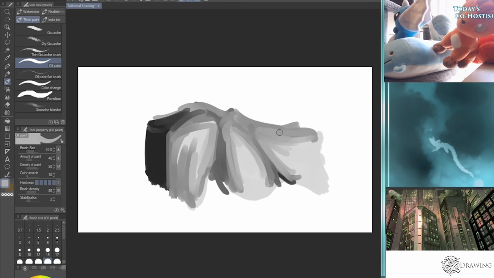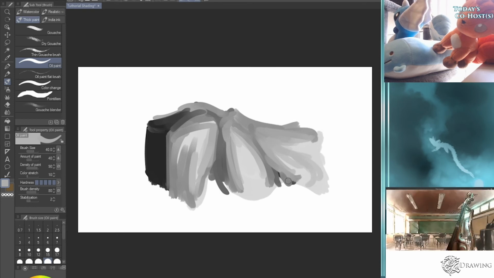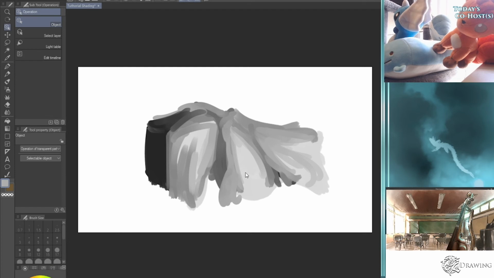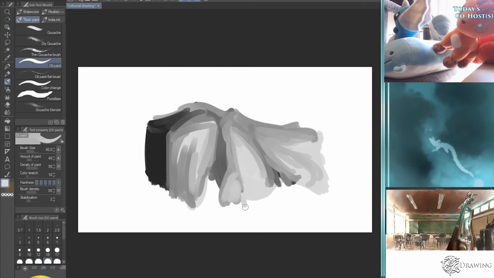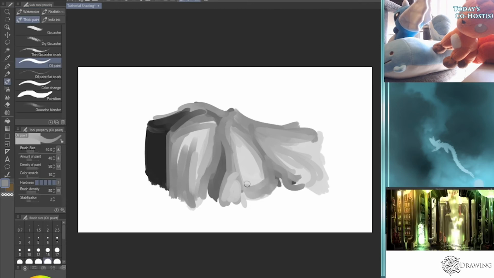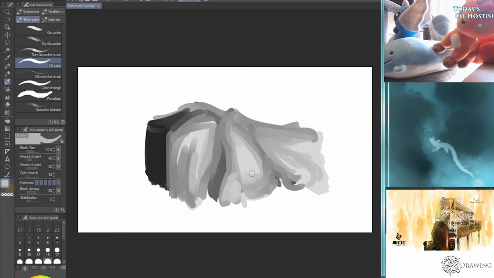It's kind of a weird question to answer, I realize. But I guess what I'm trying to say is that soft and hard shading help show curvature of a volume.